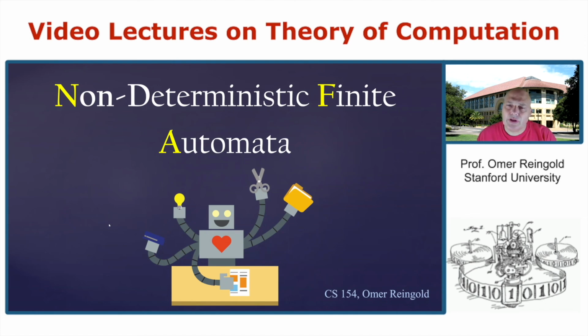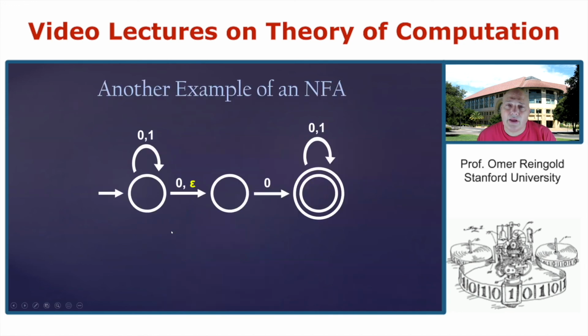So before we formally define NFAs, let me give you another example of an NFA, and this will allow me to introduce another component of the definition of NFA. This is a machine with this start state, and you can see that from the same state, there is more than one transition with 0, whereas from this state, there are 0 transitions with 1.